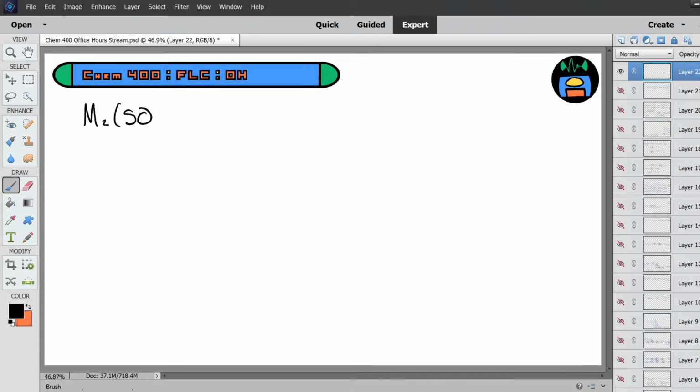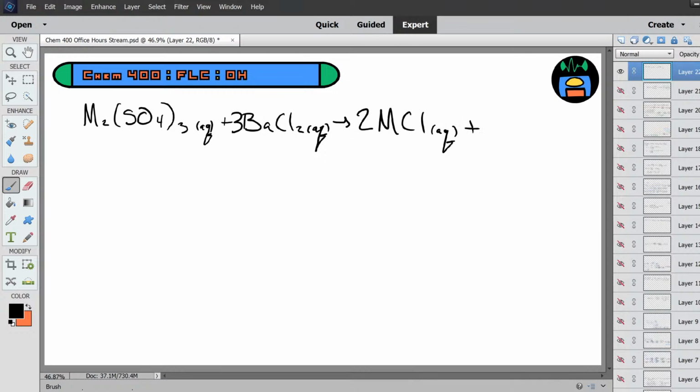We've got this metal sulfate, which is aqueous, plus barium chloride, also aqueous, producing this metal chloride and barium sulfate, which is a solid.